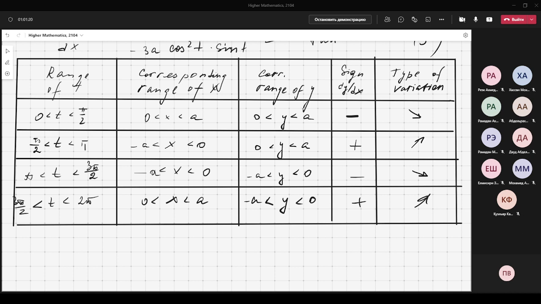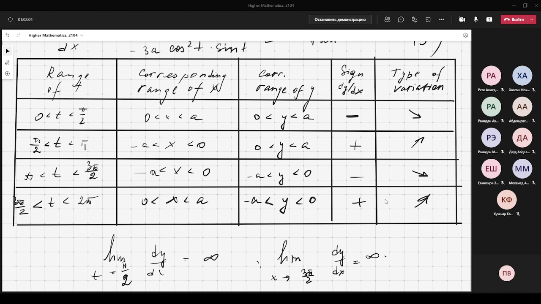From 3 prime, it follows that the limit as t approaches pi over 2 of dy over dx equals infinity, and the limit as t approaches 3 pi over 2 of dy over dx equals infinity too. At these points, the tangent to the curve is vertical.